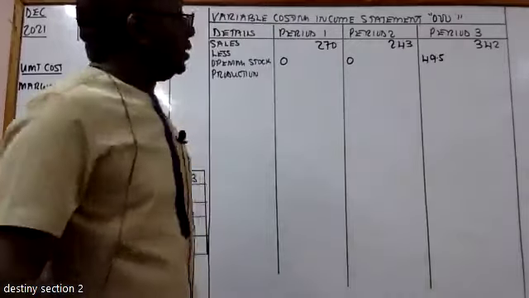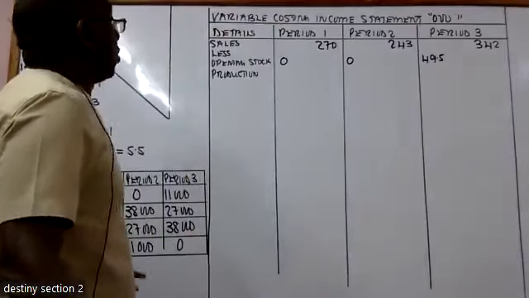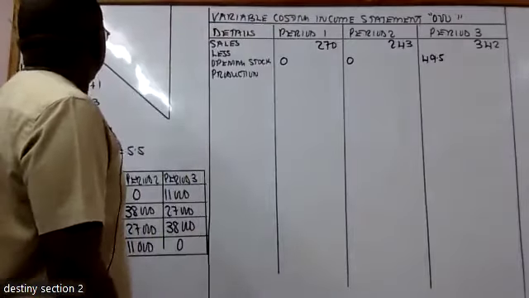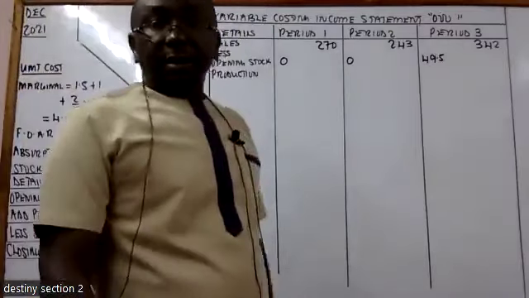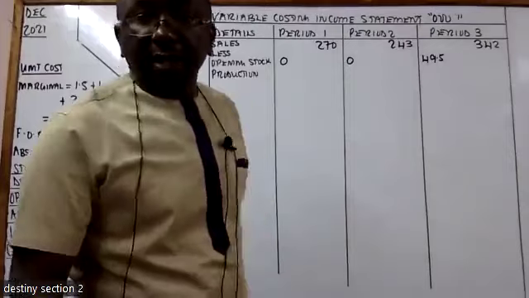Let's move on to production. 30 times 4.5 is 135.